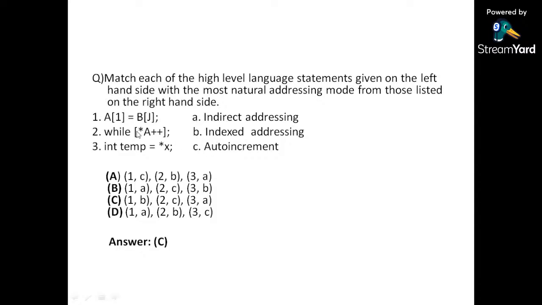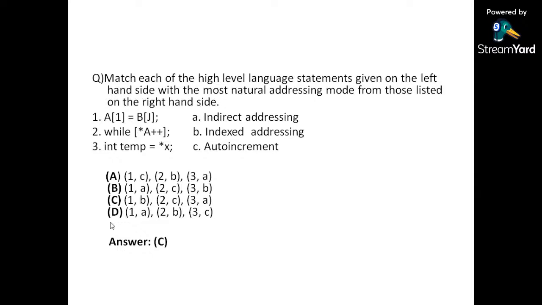You need to find out from the four options given below which option specifies the correct matching. So what are the options? 1c 2b 3a, 1a 2c 3b, 1b 2c 3a, and 1a 2b 3c.